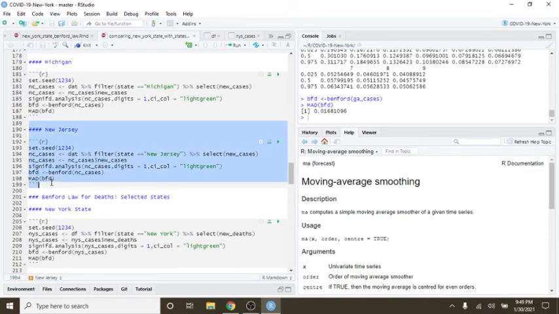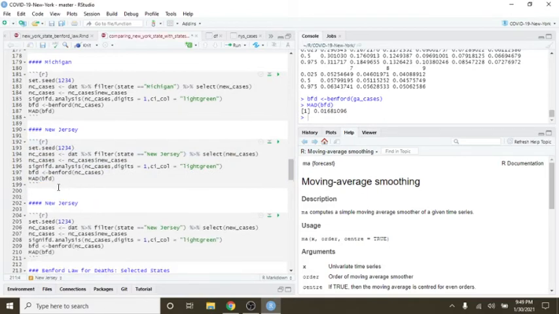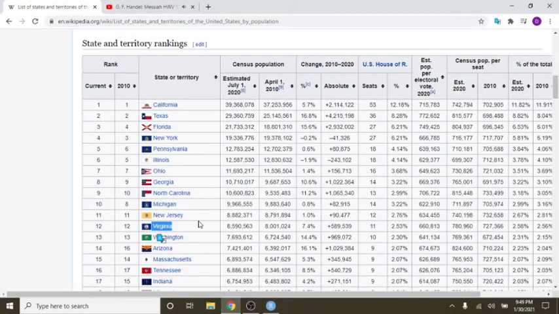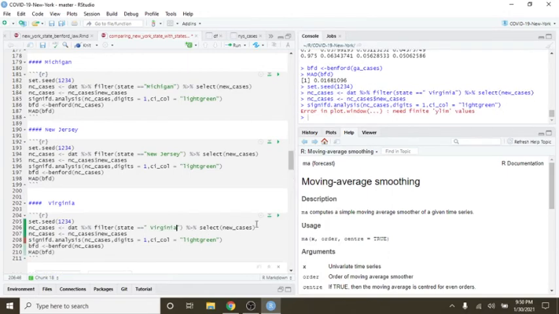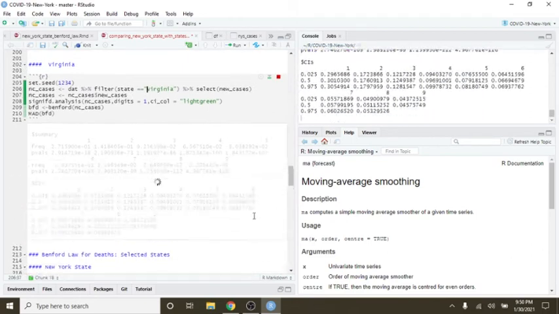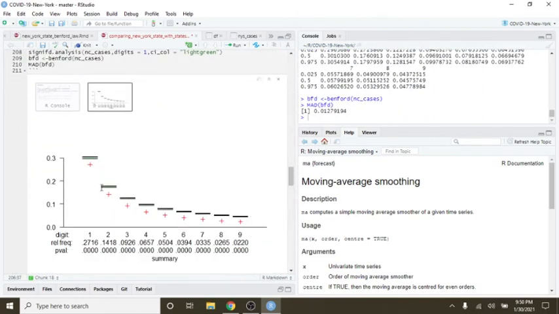Let's take a look at one more state for tonight. Oh, they've got a gap there. Let's take a look at Virginia's cases. Once again, Virginia's cases are not perfect.